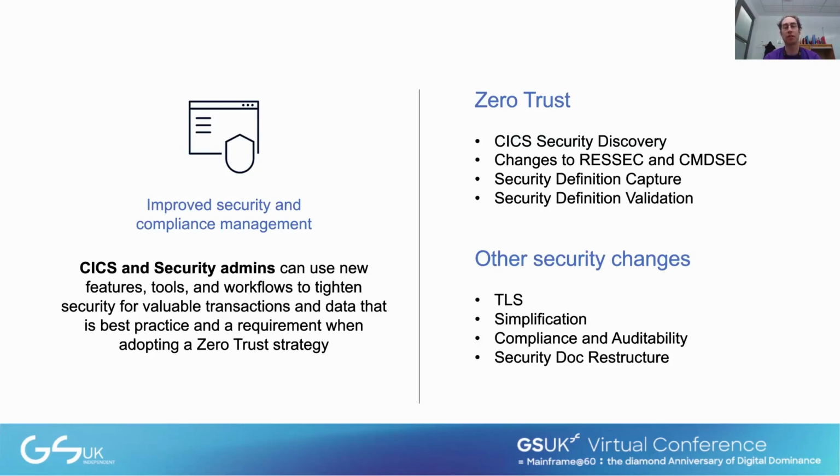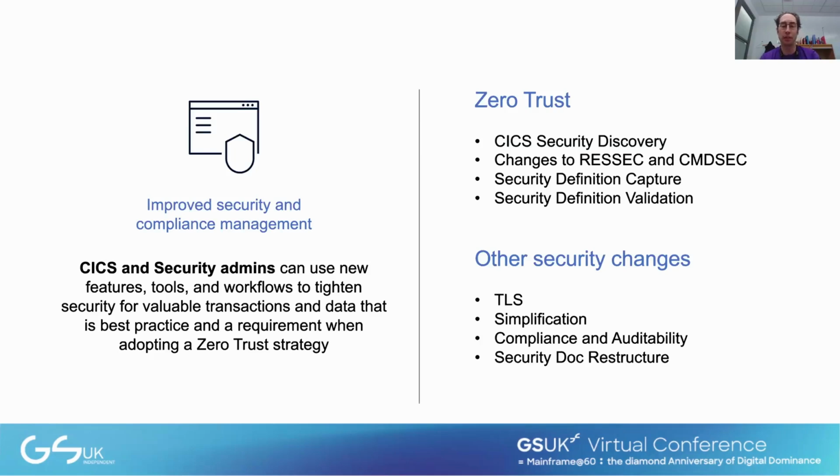So when your applications are being built and deployed, you can capture security definitions and automatically validate that there are no unexpected changes. Your development change hasn't suddenly introduced access to a different resource or changed the level of access on an existing resource that would then require updated security definitions. We'll cover all those in a lot more detail. Those form the bulk of the release.